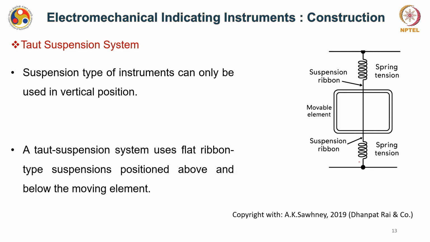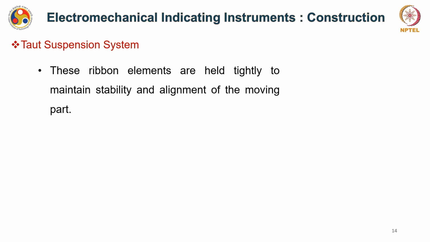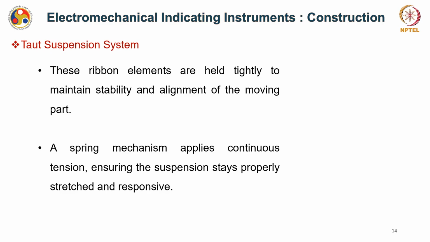You have a ribbon-type suspension which is positioned at the top as well as at the bottom. Okay. And these ribbon elements are held tightly to maintain stability and alignment of the moving part, making the system more stable and avoiding any balancing requirement which was posed by a simple suspension system.